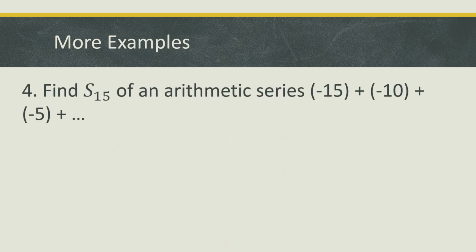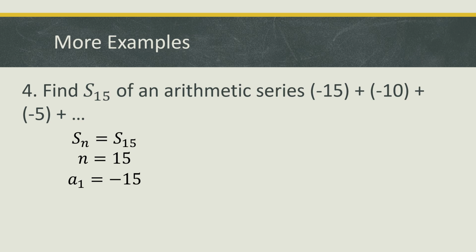Next example. Find S sub 15, or the series of 15 terms of an arithmetic series negative 15 plus negative 10 plus negative 5 and so on up to the 15th term. Since S of 15 is given, we have now the n value of 15.